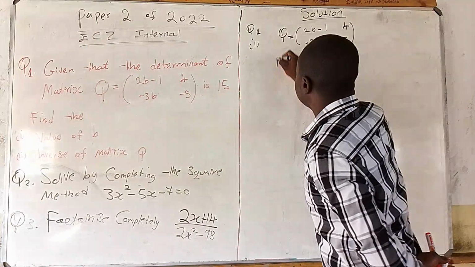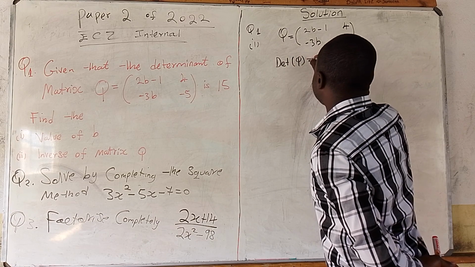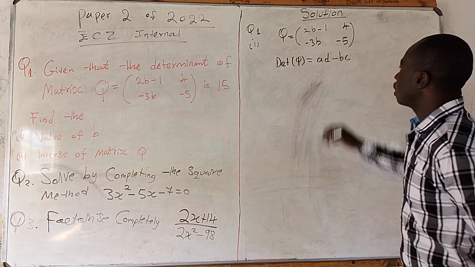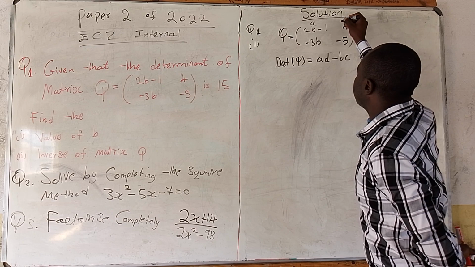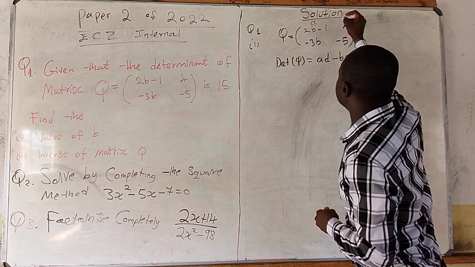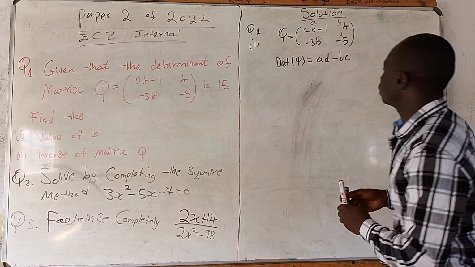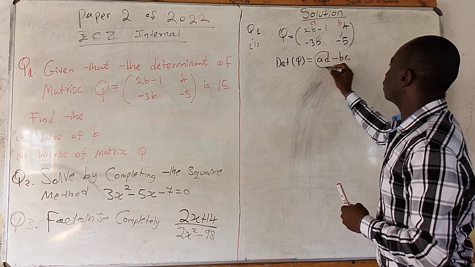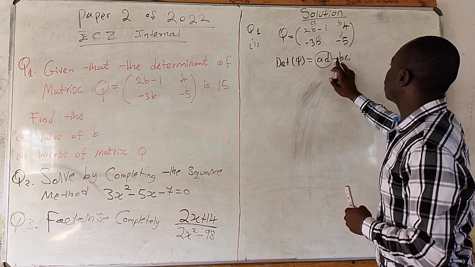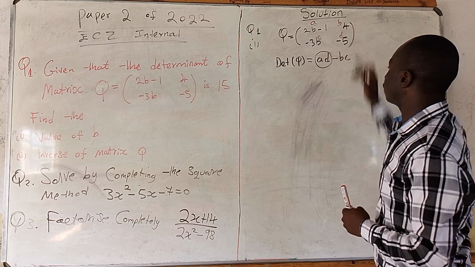Now we know that the determinant of the matrix, in this case the determinant of Q, is given by AD minus BC, if we assume these terms to be A, B, C, and D. So we need to have the product of A and D, then we subtract the product of negative 3b and 4, which is CB.